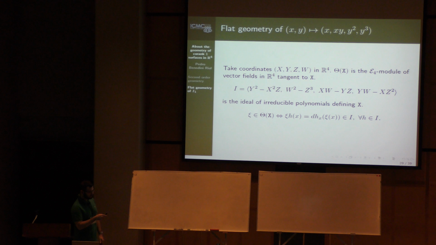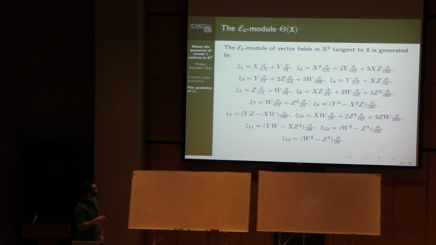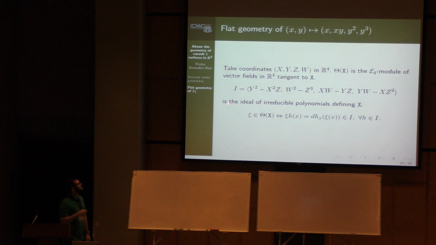In our case, I is the ideal of polynomials defining X, and it's important to see that we have 4 of them, 4 equations.